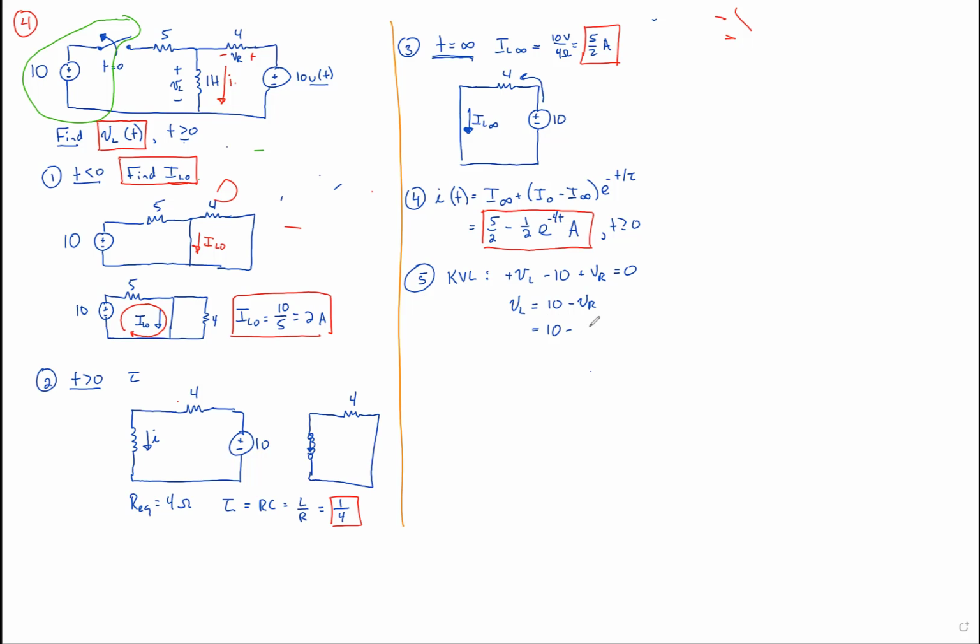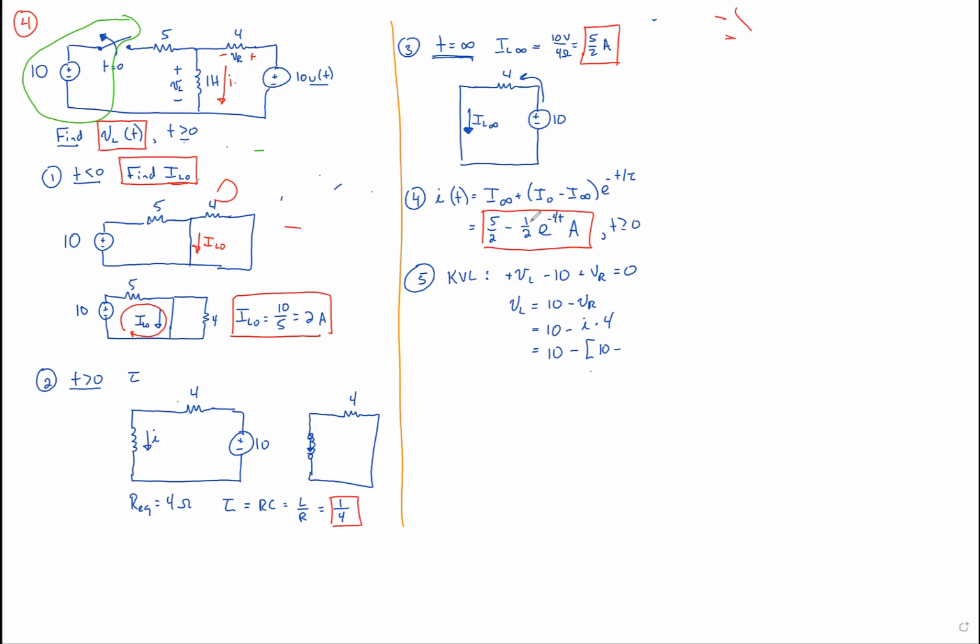So V sub R is just going to be whatever I is times that 4 ohm resistor. And we figured out what our I is up here. So we're just going to multiply 4 by this mess. So 4 times this would give us, let's see, 10 minus, right? 4 times 5 over 2 is 10.